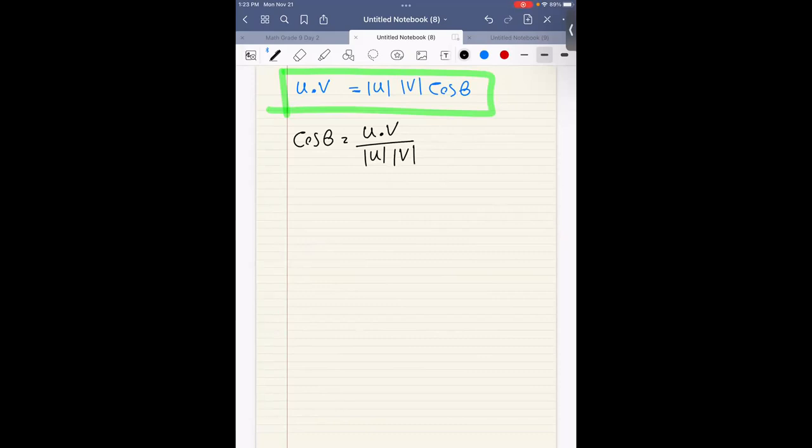Okay? So once you have the dot product, then you can tell me the cosine.